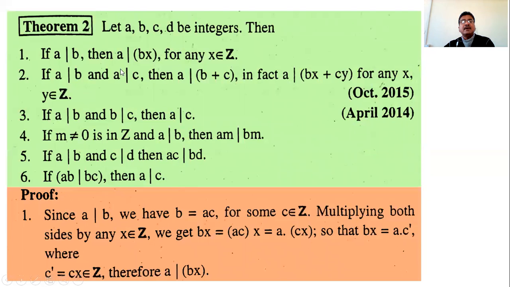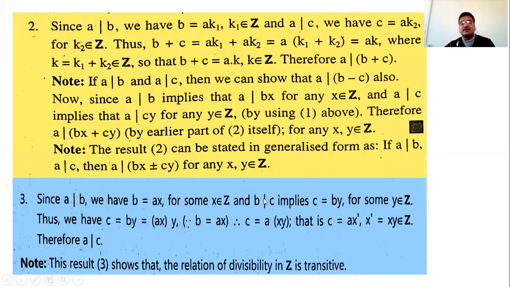So A divides C if C is expressed in the form A into some integer. So consider C. What is the value of C? It is By. And what is B? It is Ax. So C is equal to By, which is equal to Axy. Then write C is equal to A into x times y in one bracket, and suppose we indicate x into y by x dash.